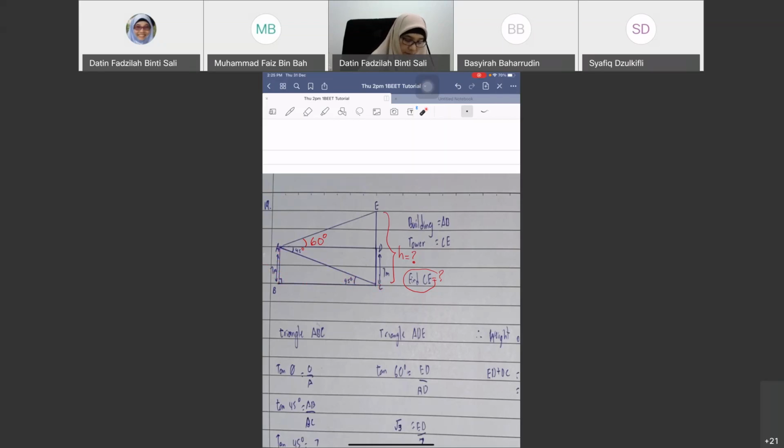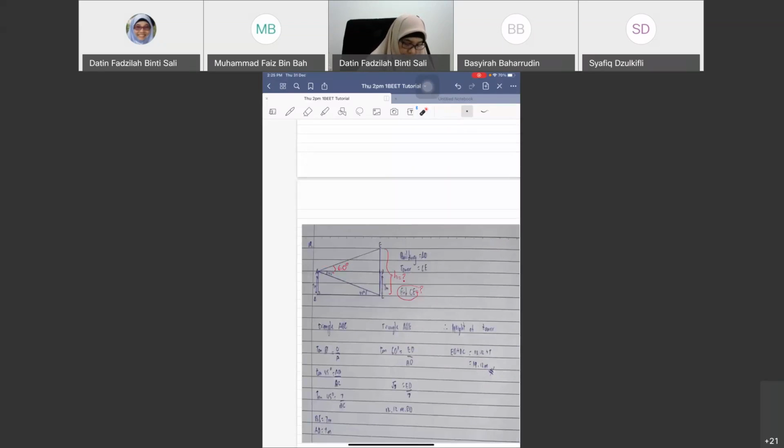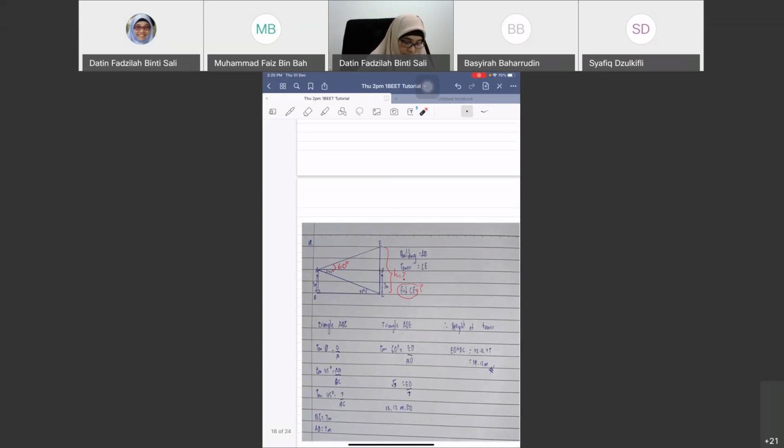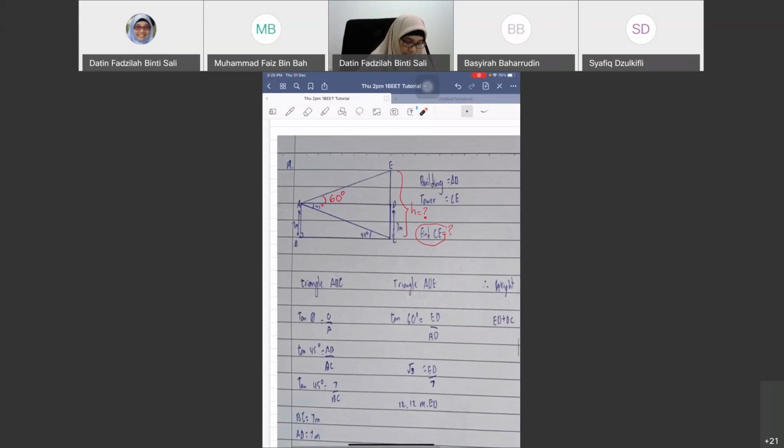So let's look at your friend's working. There is a triangle ABC here. Looking at this part, tangent 45 degrees equals AB over BC.